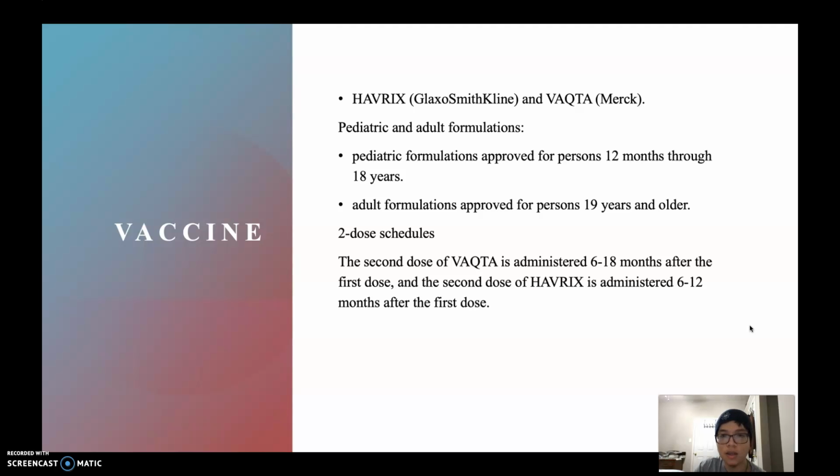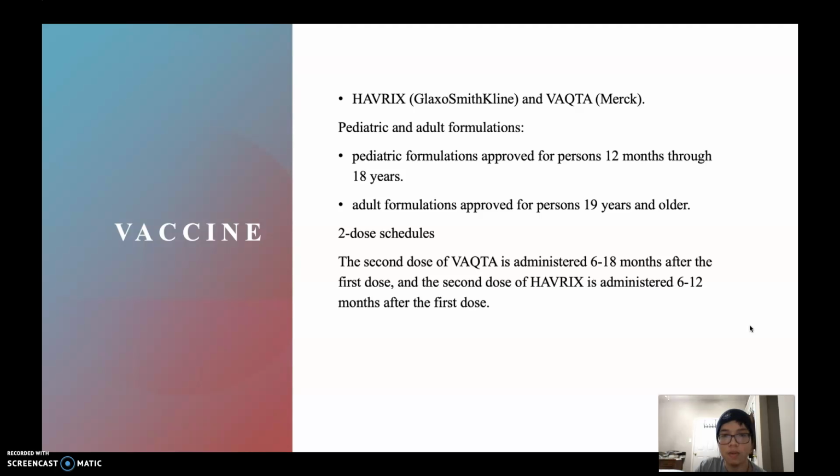In vaccine, we have two kinds of vaccine available: HAV-RIX and VAQTA. The difference between them is that HAV-RIX is prepared with a preservative, and VAQTA doesn't contain a preservative.